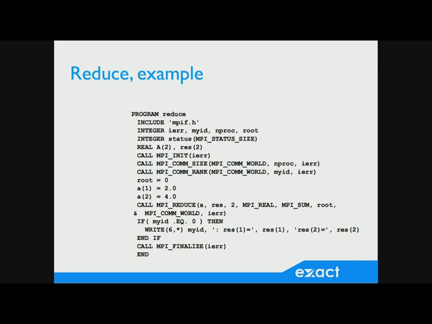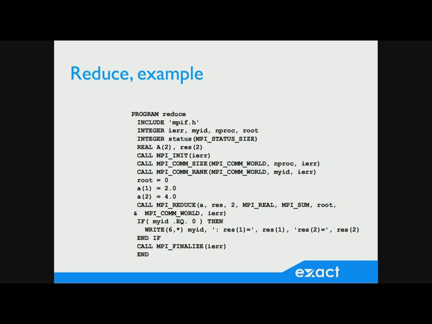So on the root processor, what should I see? res1 and res2 is a sum element by element. If I run this on 2 processors, this number is 2 on all processors, because it's defined at the beginning, and this is 4.